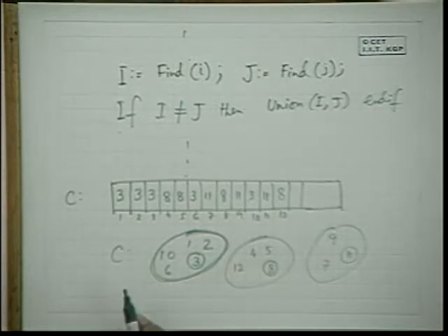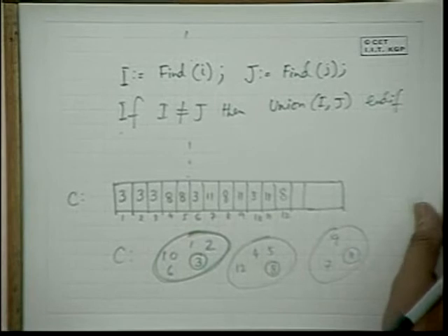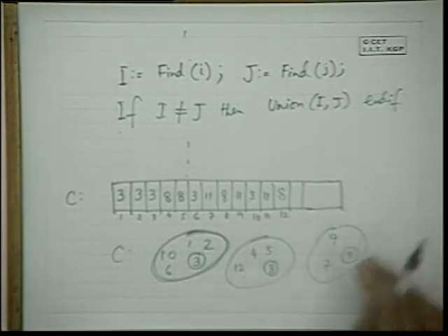So with this representation you can see how much time it takes to find. Suppose I want to know what is the set which contains the element I. It's a constant time. Immediately I can find it because I have to check what is the value of C of I. So find I is nothing but return Ci.